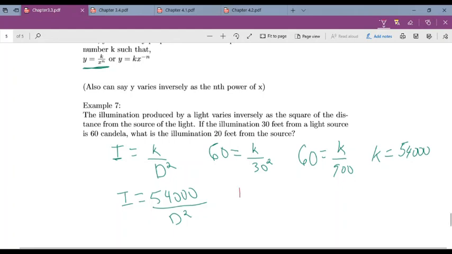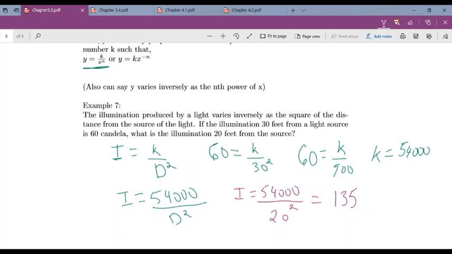Okay, I equals 54,000 divided by 20 squared. Okay, so you type that in your calculator. 20 squared is 400. So 54,000 divided by 400 should give you 135. Okay, and you can double check me on that if you'd like to as well.